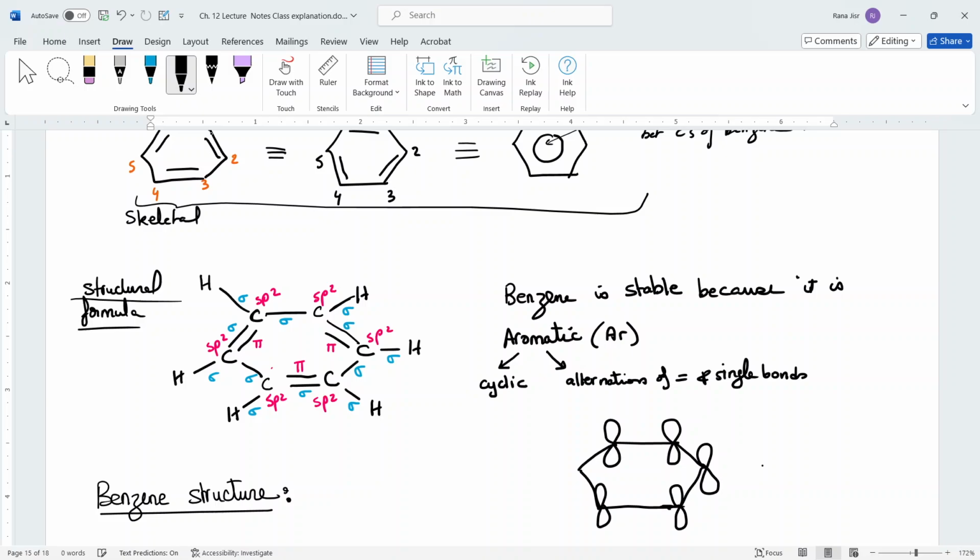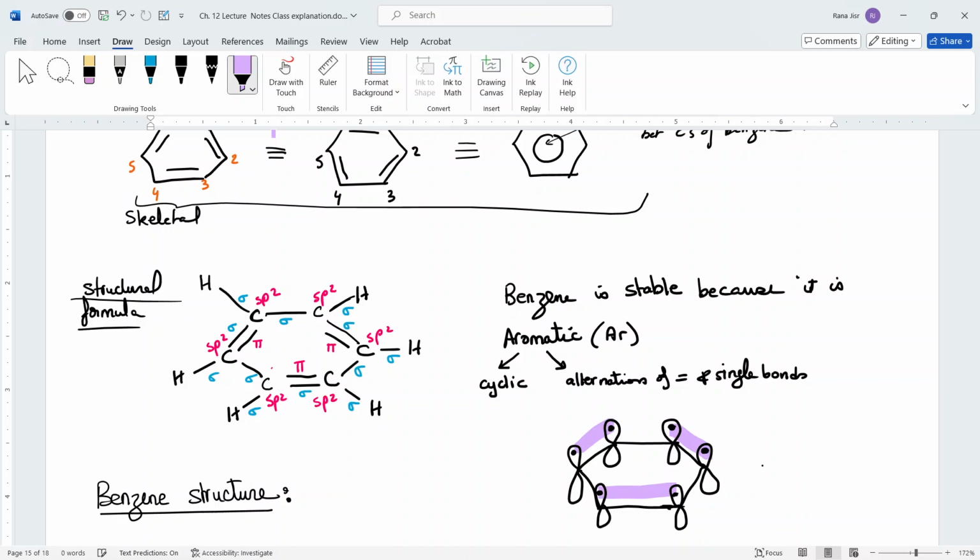And every 2 p orbitals overlap to make a pi bond. The p orbitals have 1 electron. So these two overlap to make a pi bond. These two over here overlap to make another pi bond. And these two over here overlap to make another pi bond.